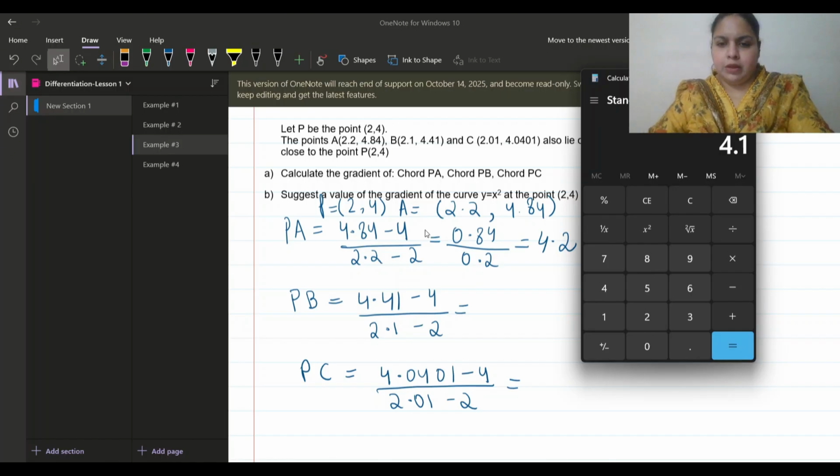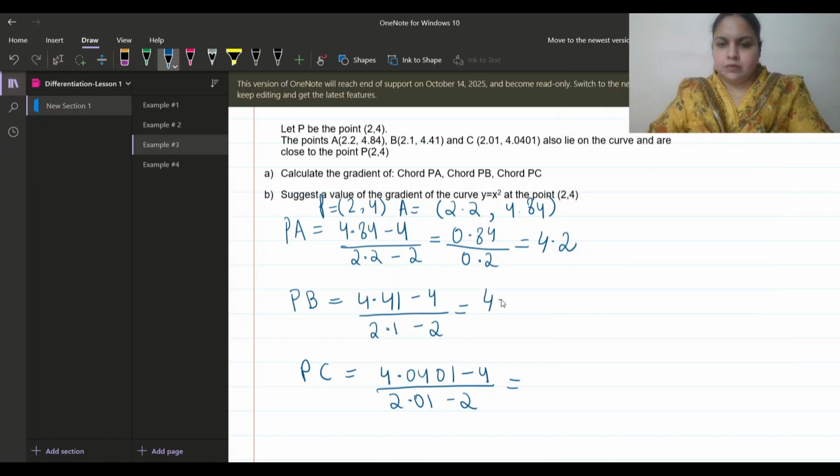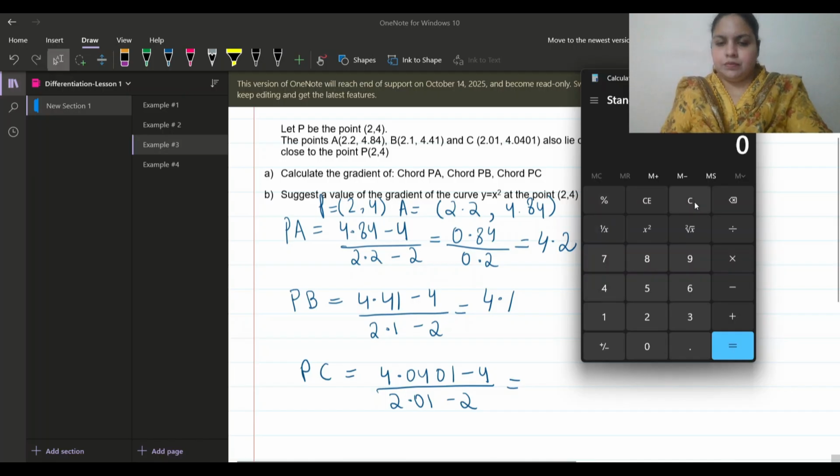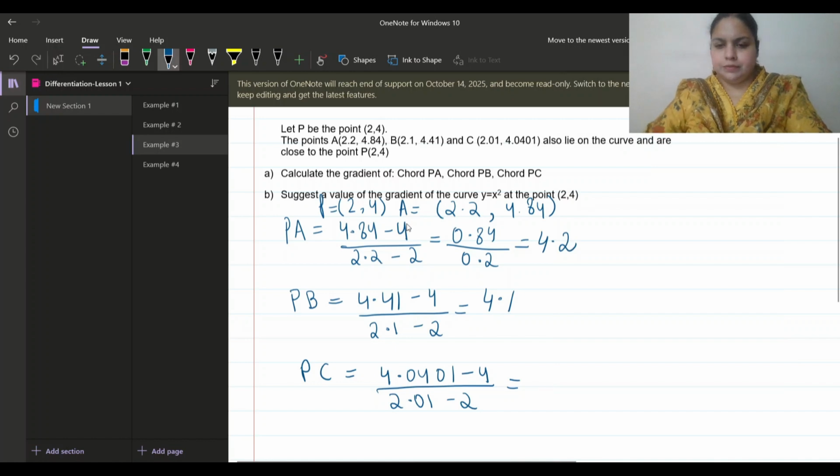So it's 4.1. And similarly for this one, 4.0401 minus 4, and you're going to divide it by 0.01. So it's 4.01.